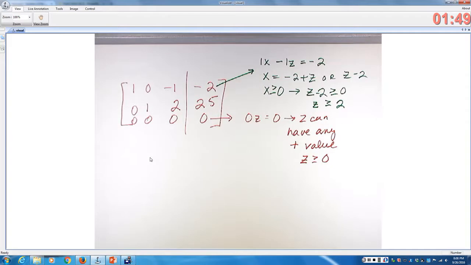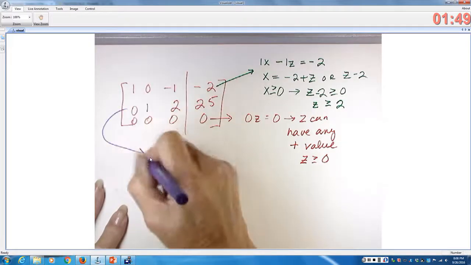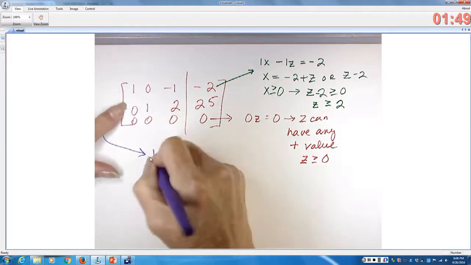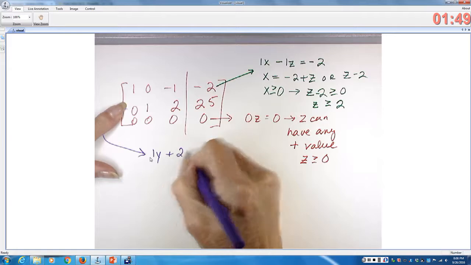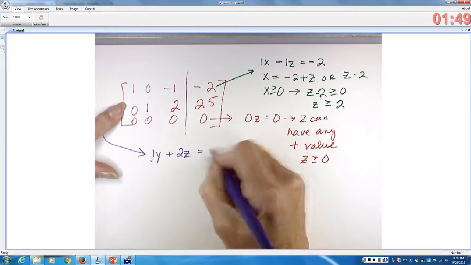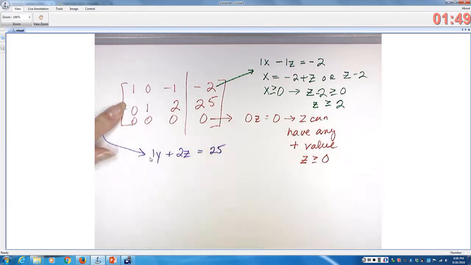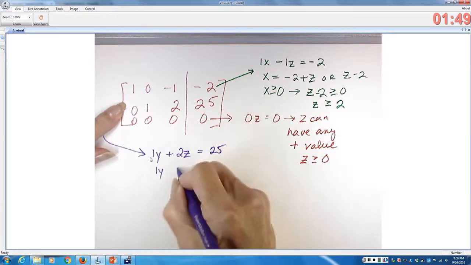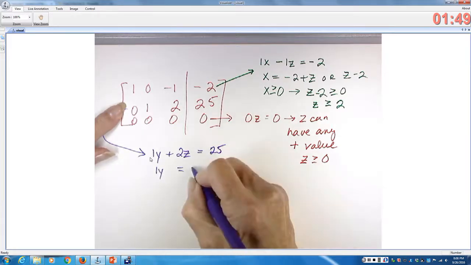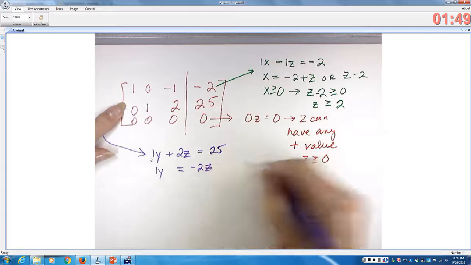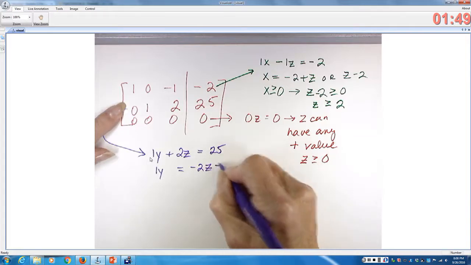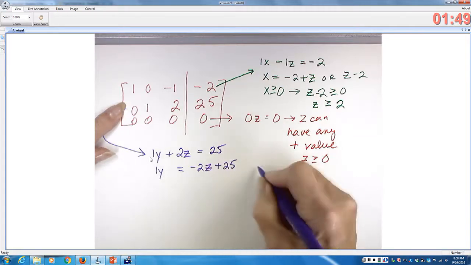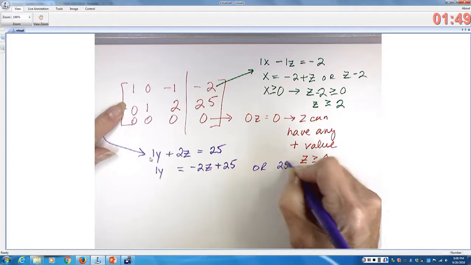Okay? Then I go back and do the same thing to find the Y's. This tells me no X's plus 1Y plus 2Z's equals 25. That tells me then that 1Y equals -2Z plus 25, or 25 minus 2Z.